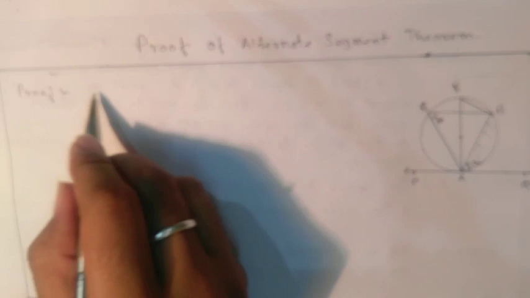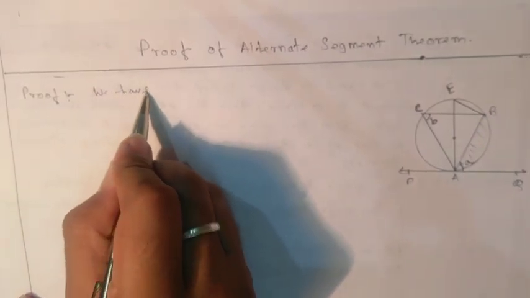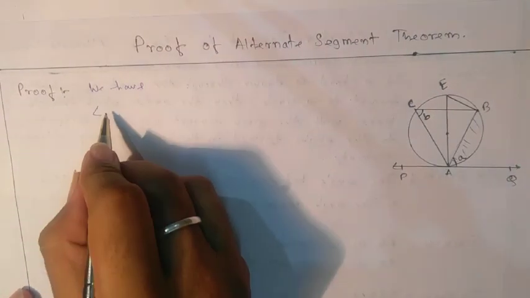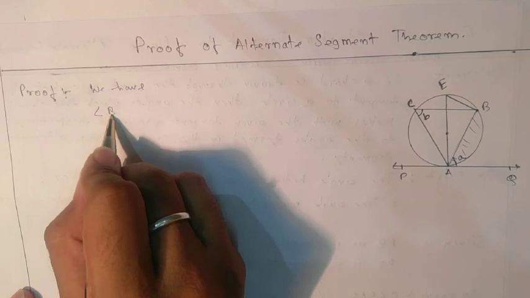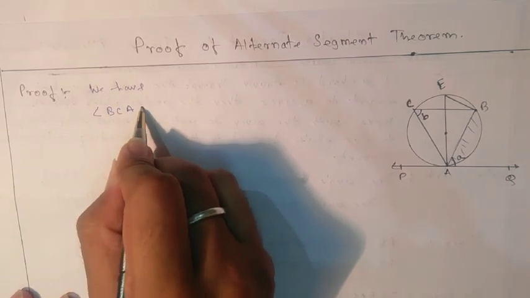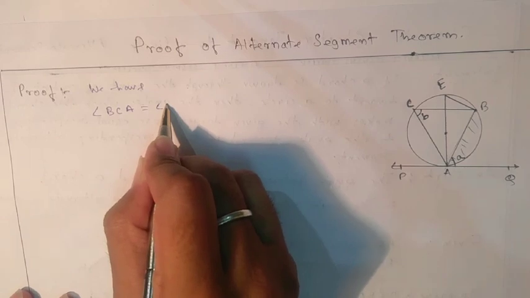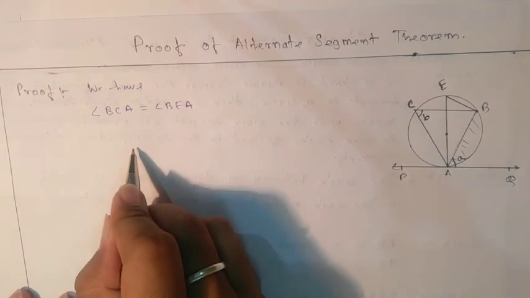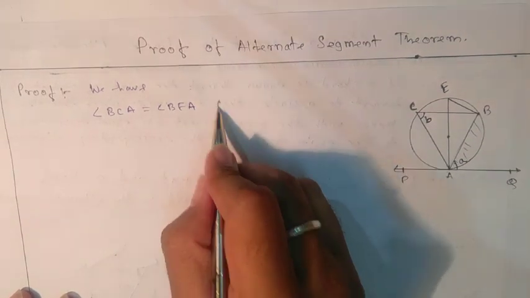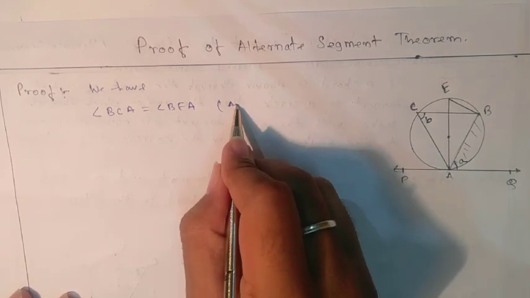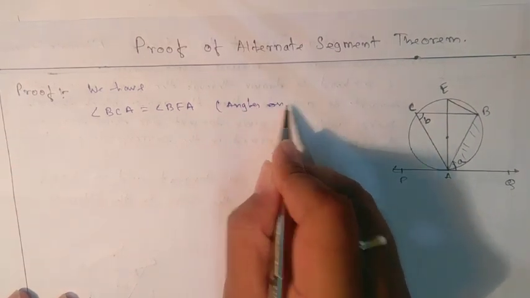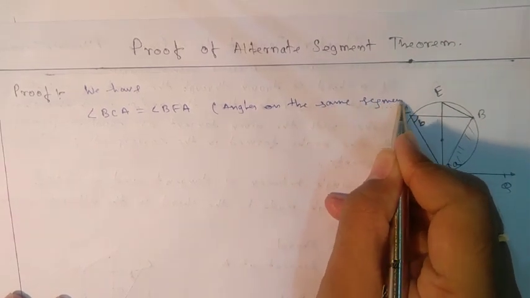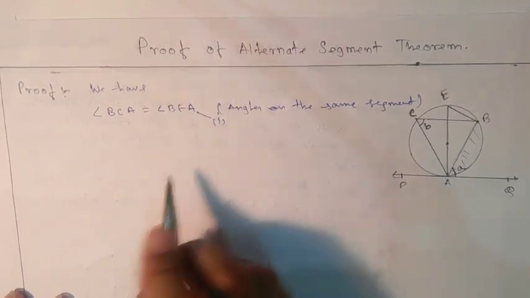So here we have angle BCA equals angle BEA, both are equal. Why, sir? Angles in the same segment. This is number 1.